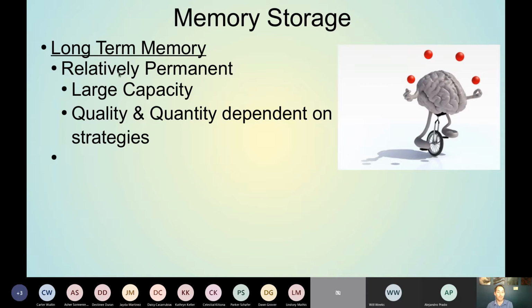So with that, long-term memory has a really large capacity. So this is another good connection to Inside Out. When in Inside Out they saw long-term memory storage, it was what appeared to be miles and miles of shelves filled with the little memory balls from Inside Out. So with that, the quantity and quality are really dependent on the strategies used to remember it. So that's another maybe connection or visual example you can think of. In Inside Out, some of the memories were kind of dull and gray, and some were really bright and vibrant.